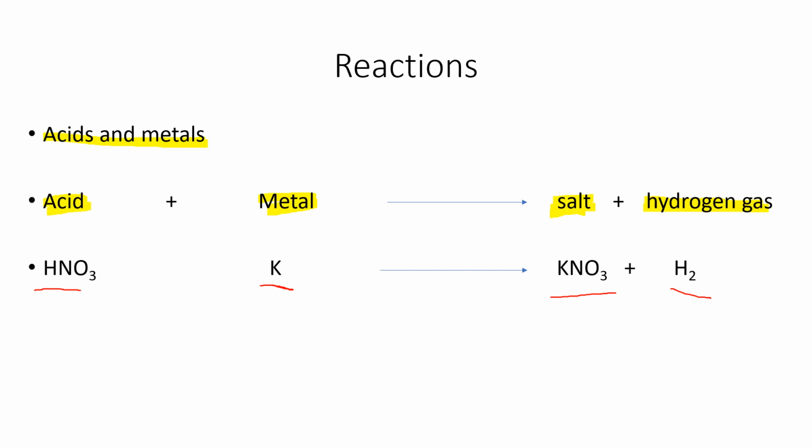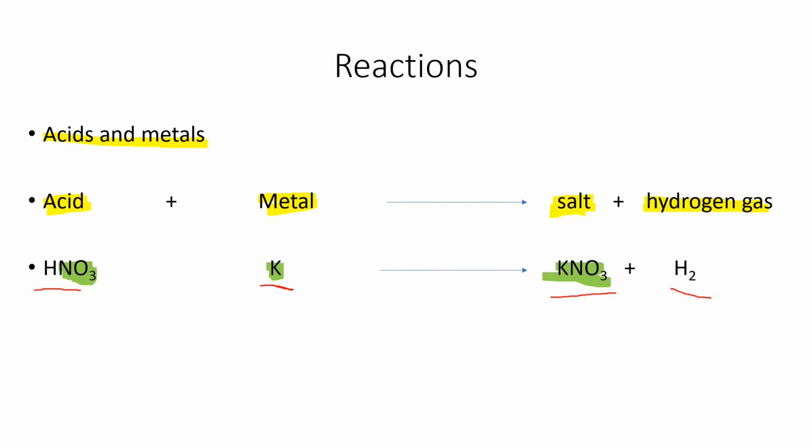What salt will you actually make? Well, the salt you will actually make is going to be based upon the specific metal and the specific acid that you use. Here, because we use potassium as our metal and nitric acid, which has a nitrate ion in it, the ionic compound we're going to produce, that salt, is going to be potassium nitrate.